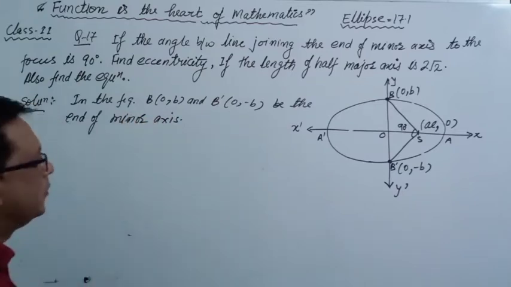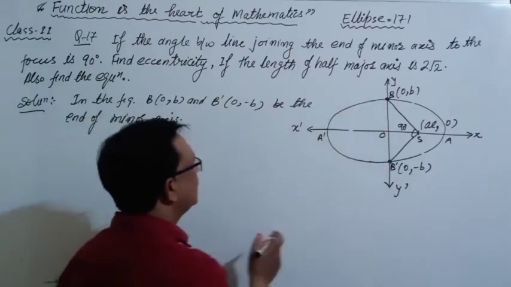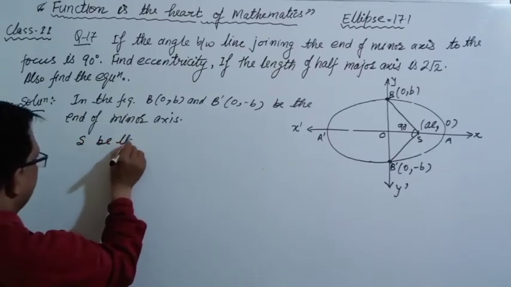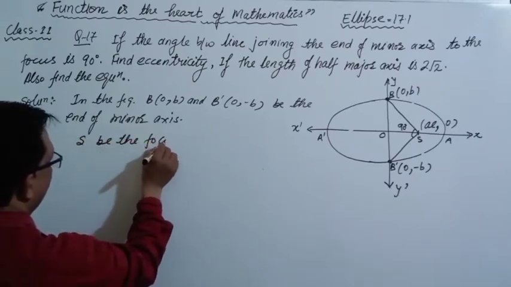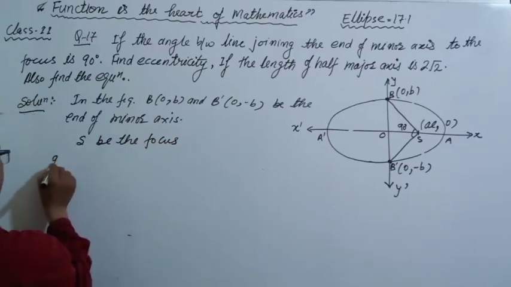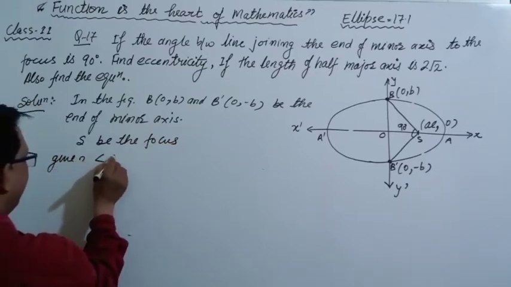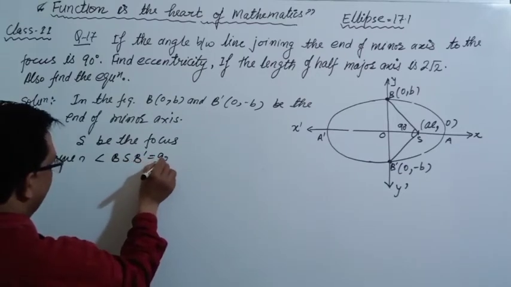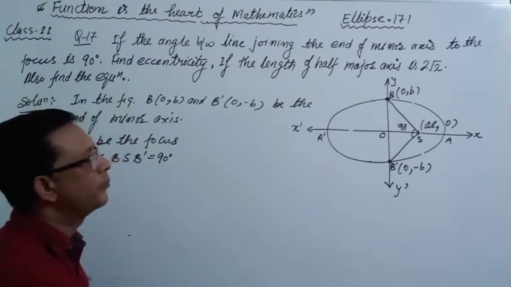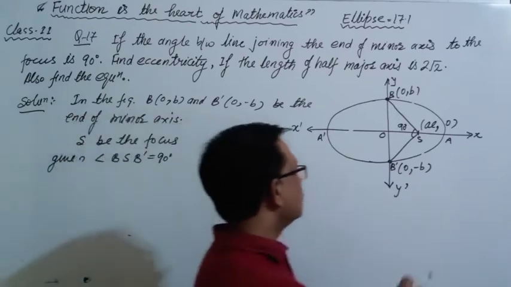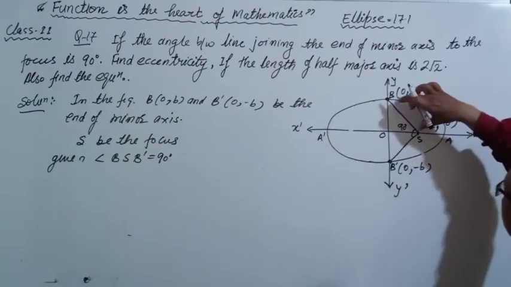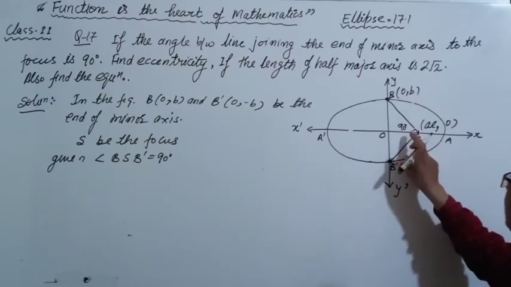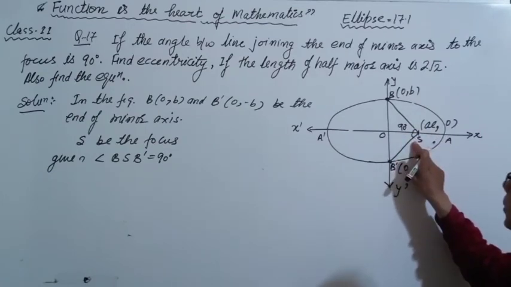Okay students, these are the ends of the minor axis and S is the focus, and what is given? Angle B S B dash is equal to 90 degrees. This is given. Okay, so how do we solve this? We find the slope of BS and the slope of B dash S, and the angle between them is 90 degrees.